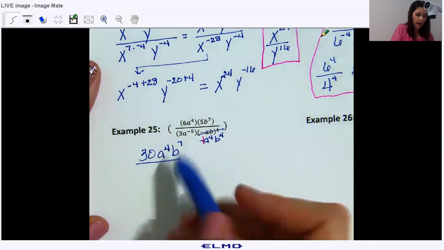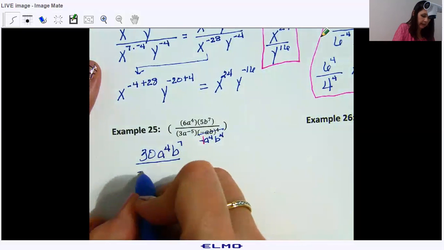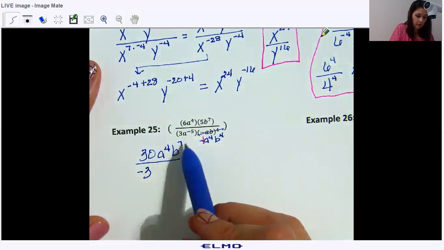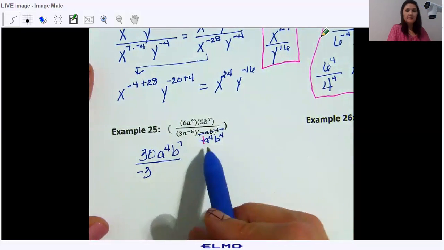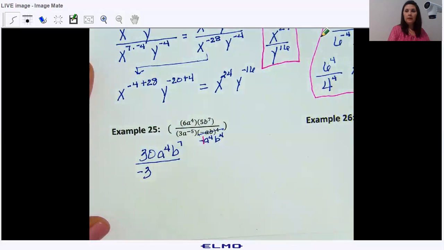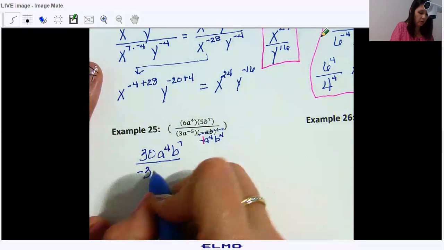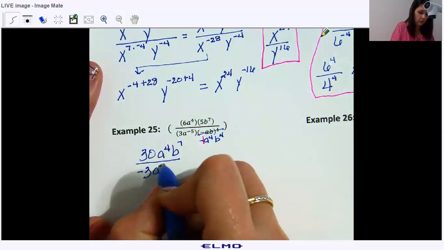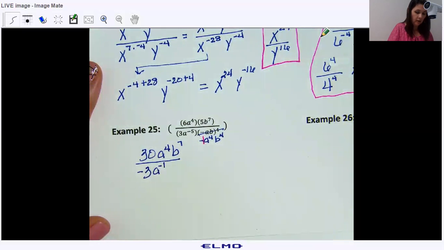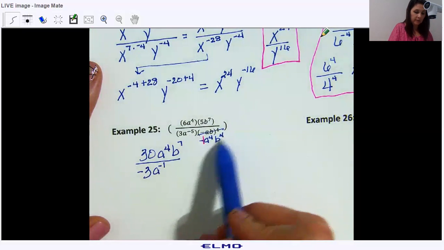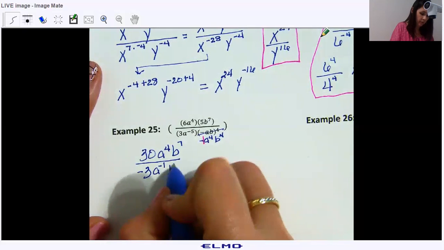So I have 3 times a -1 is a -3. A to the -5th times a to the 4th. Remember, when we multiply terms, we add the exponents. So it'd be -5 plus 4, which is a -1. There's no b over here to combine with this b, so we just leave it as b to the 4th.